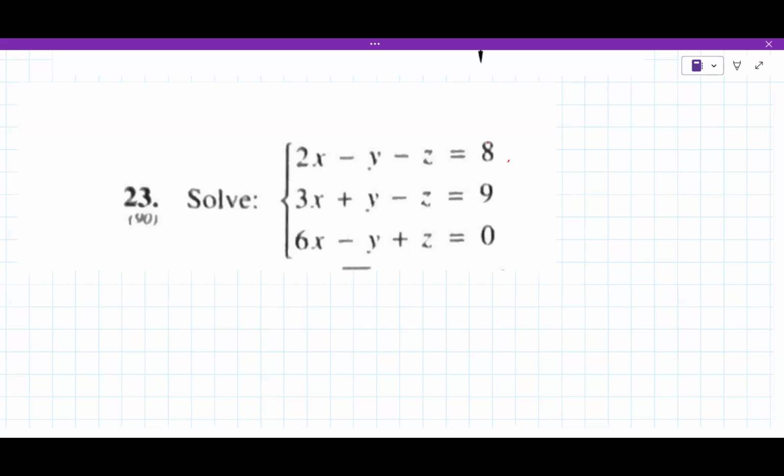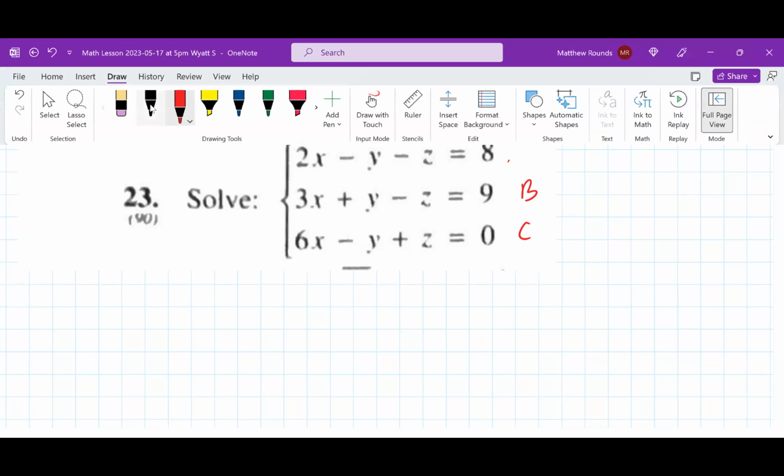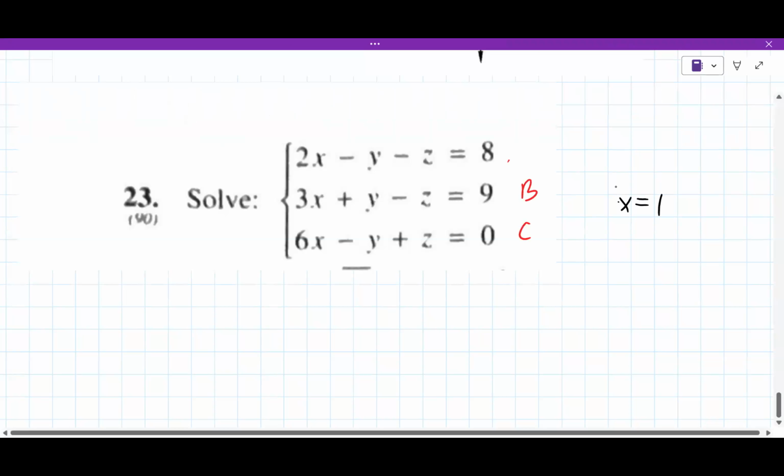B and C, so x equals 1. Okay. And I'd also like to point out that if you combine 1 and 2, or A and B, you eliminate Y, which might be your best approach for getting Y solved for.